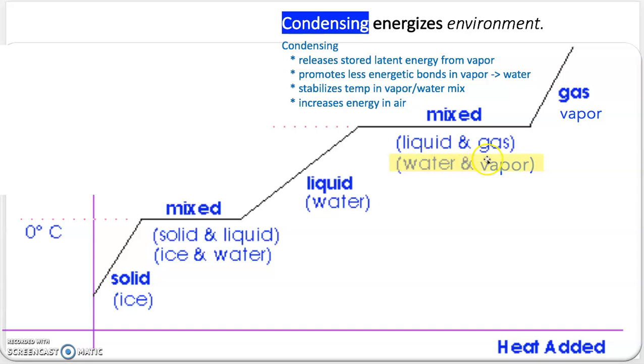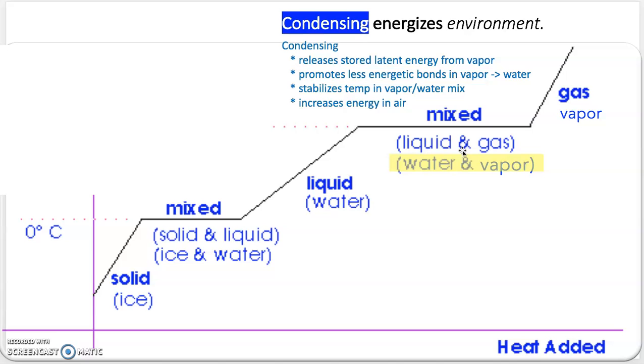That means that the water vapor is going to have less energy than it had before. With less energy, you are promoting more stable and less energetic bond formation in water. And you are increasing the amount of energy in the air as well.